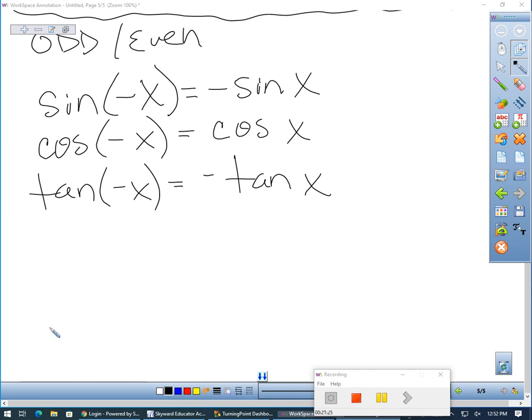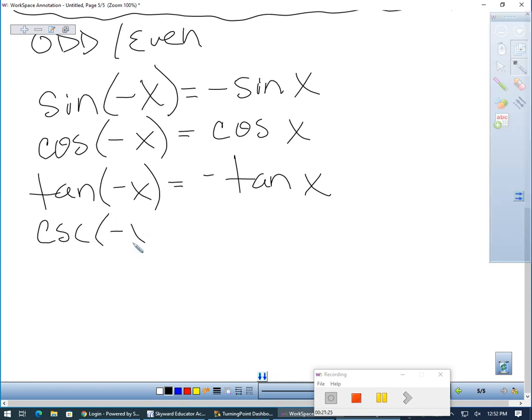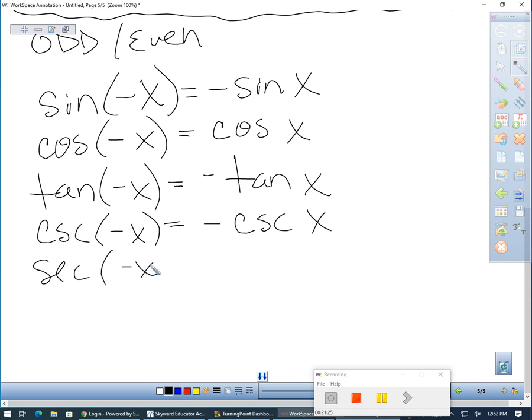All right, so three more. If we have the cosecant of a negative angle, we're going to bring that negative out just like sine. Those work together. That's going to be a negative cosecant x. If I have the secant of a negative angle, that one's just going to drop out.